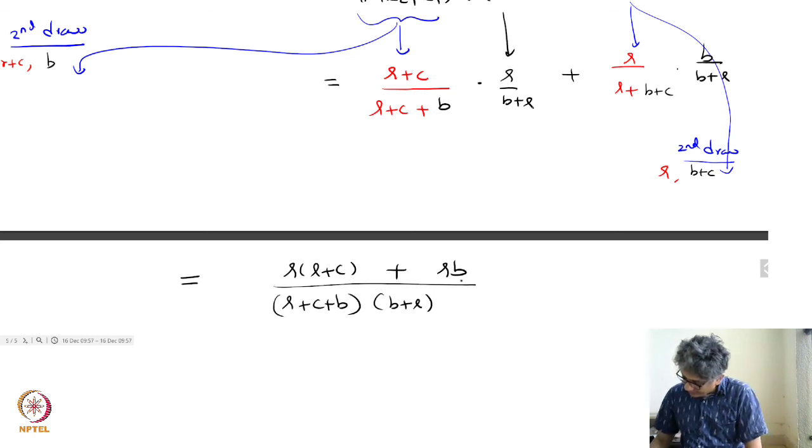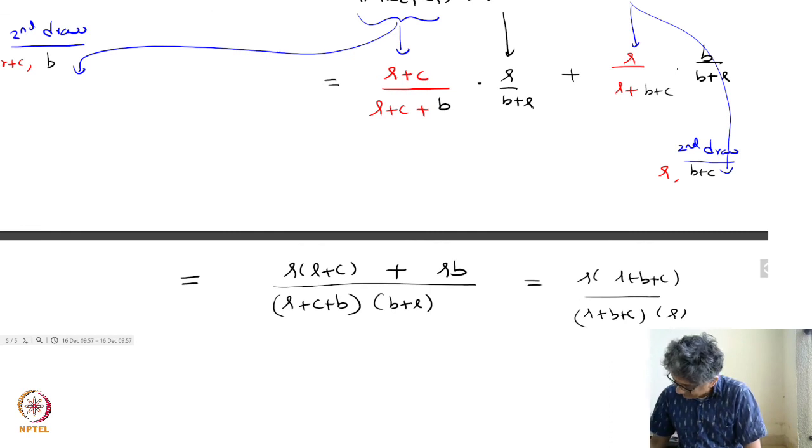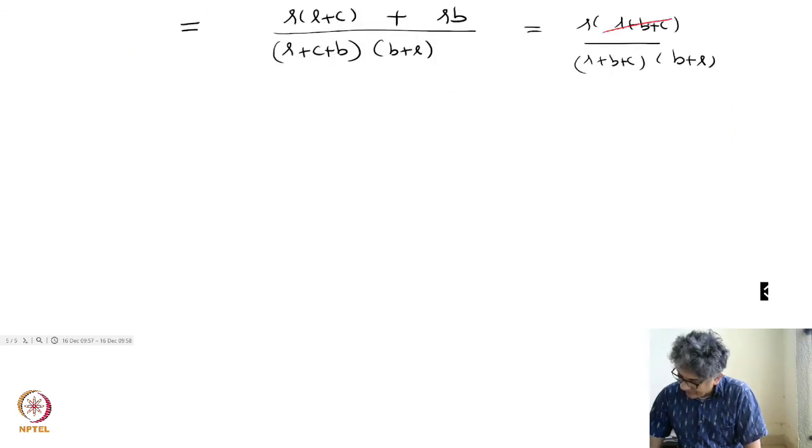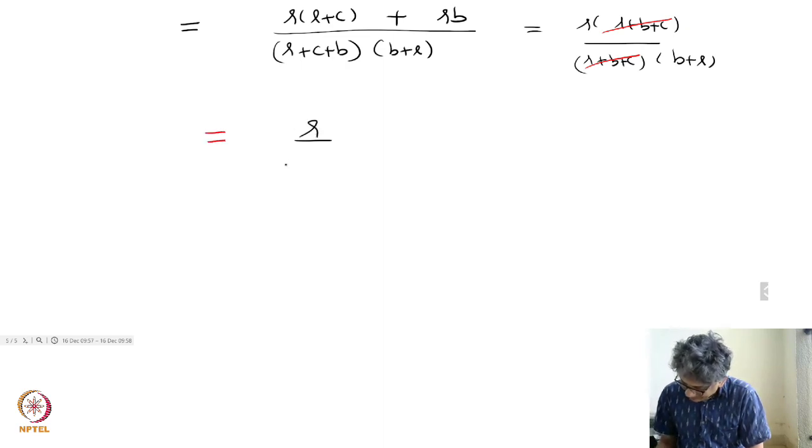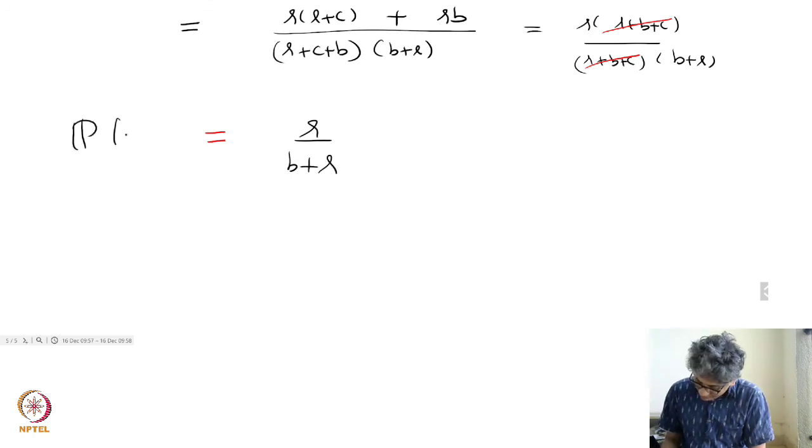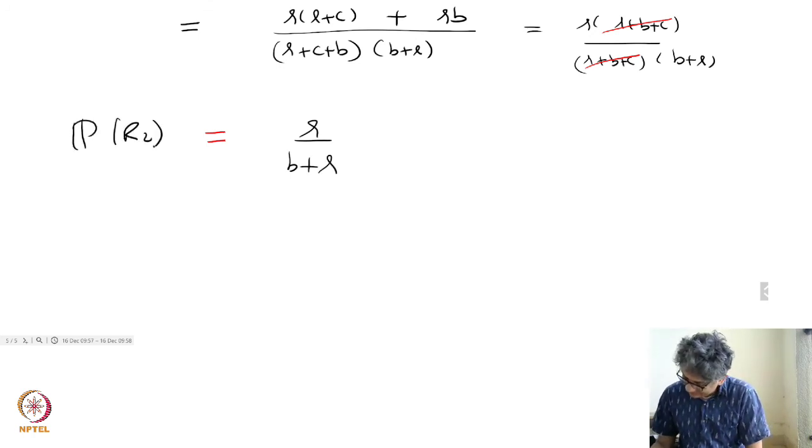Now if I take R out, it's R into R plus B plus C divided by R plus B plus C, and I have another B plus R here. So these cancel off, and I get R by B plus R. The probability of R2 is also R by B plus R.